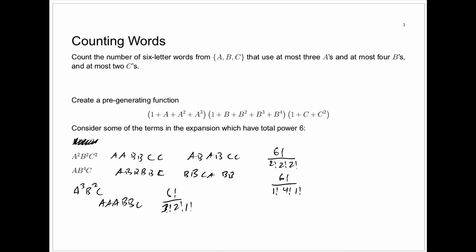That's the same as 6 factorial over 6 times 2. That would be 720 divided by 6 times 2, which is 60. There would be 60 words of this form.